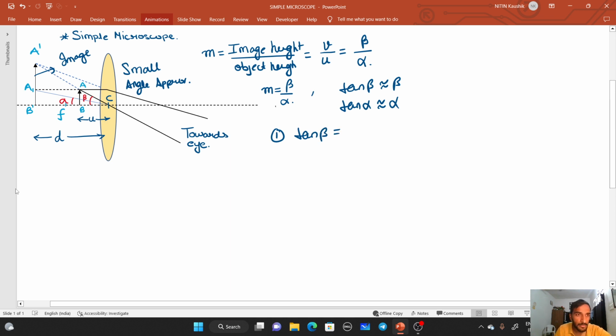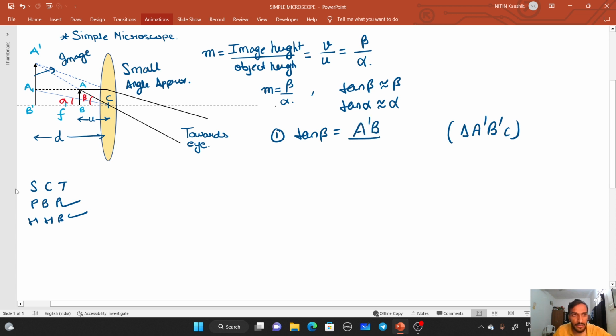Now you have to remember this formula: sine, cos, tan. See, tan is perpendicular upon base. Now to find tan beta, I have to consider this bigger triangle, that is A dash B dash C, this triangle that I have outlined. So tan beta is perpendicular upon base, so this is perpendicular A dash B dash upon base.